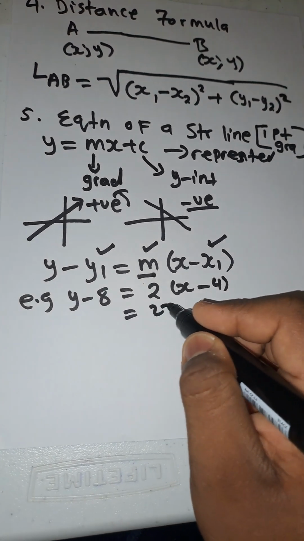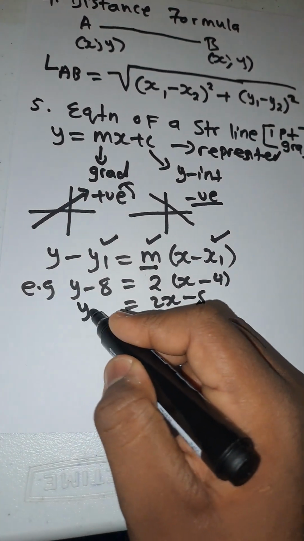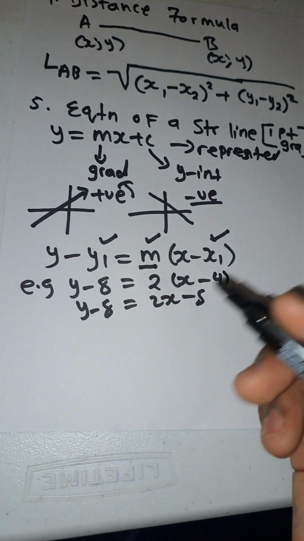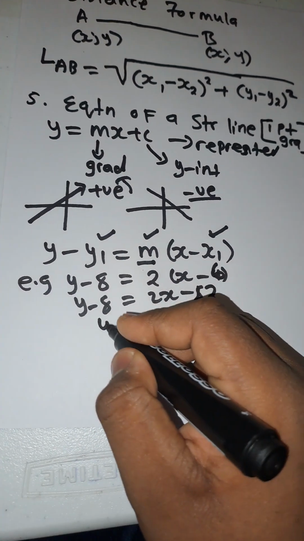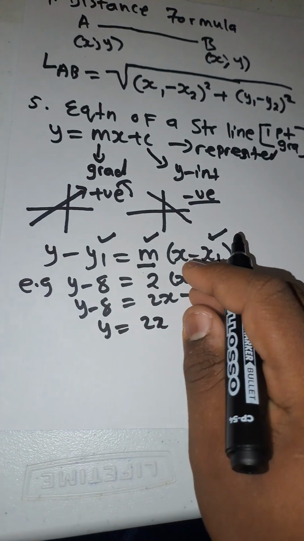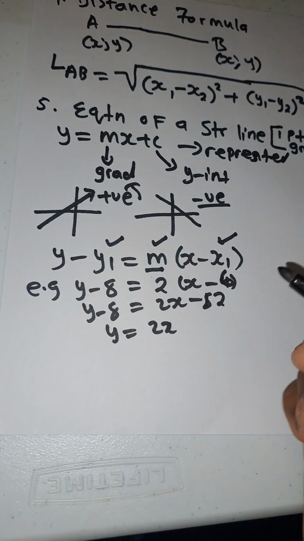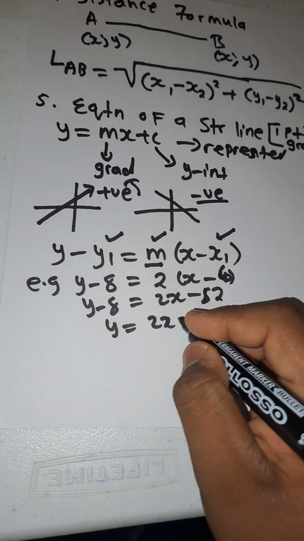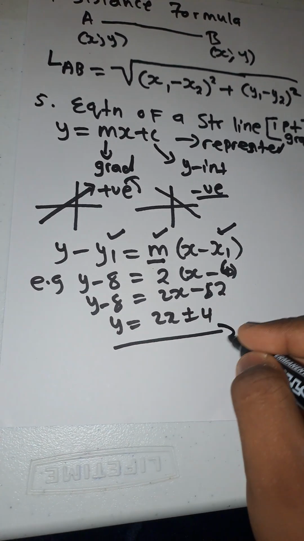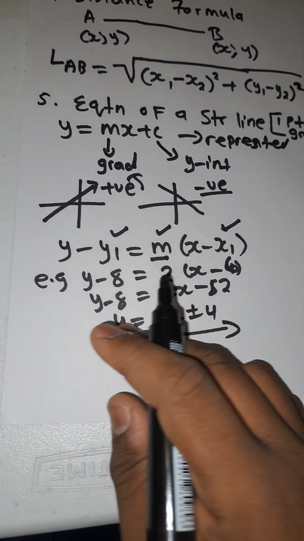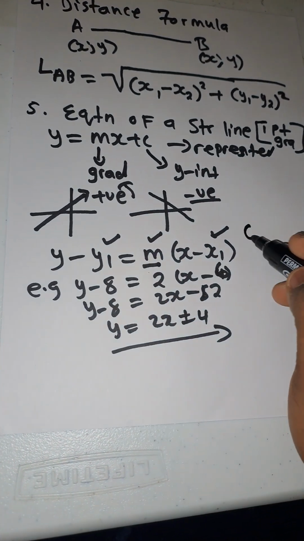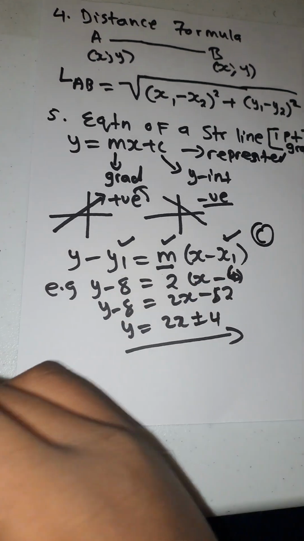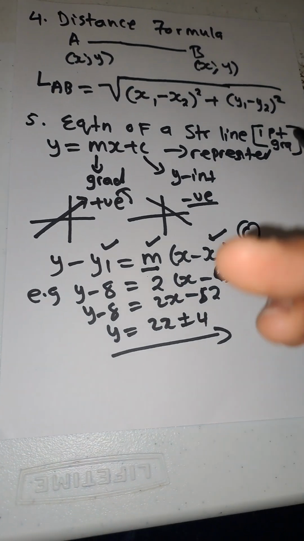So it's going to be 2x minus 12, and y minus 8 goes to the other side, so y equals 2x minus 12 plus 8, which is 2x minus 4, something like this, because it takes you straight to the answer. But if you use the other one, you have to start by calculating c and then represent it again, so it's boring. I hope it's fine now.